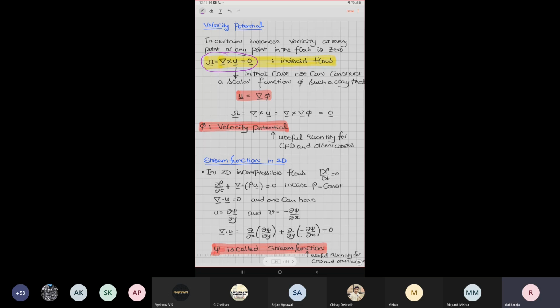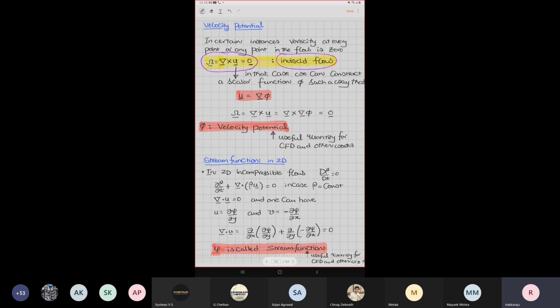That happens for something named inviscid flows. Whether it possesses viscosity or not, if vorticity is equal to 0 at a given location, we call such kind of flows inviscid flow. Mathematically, del cross u becomes 0, and you call it inviscid flow.